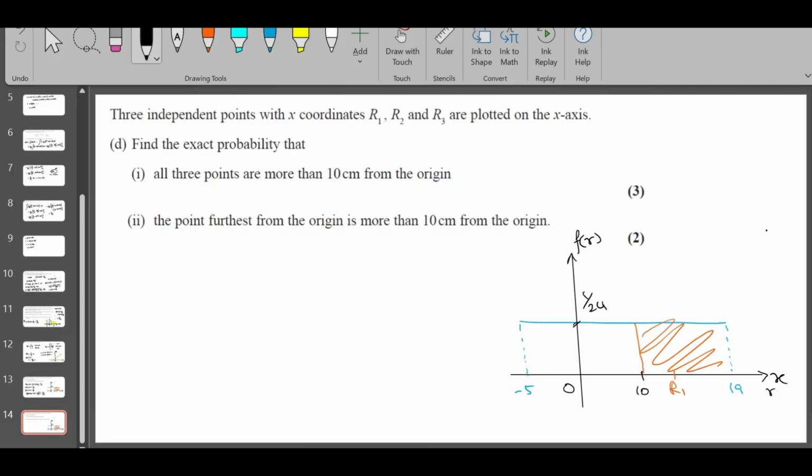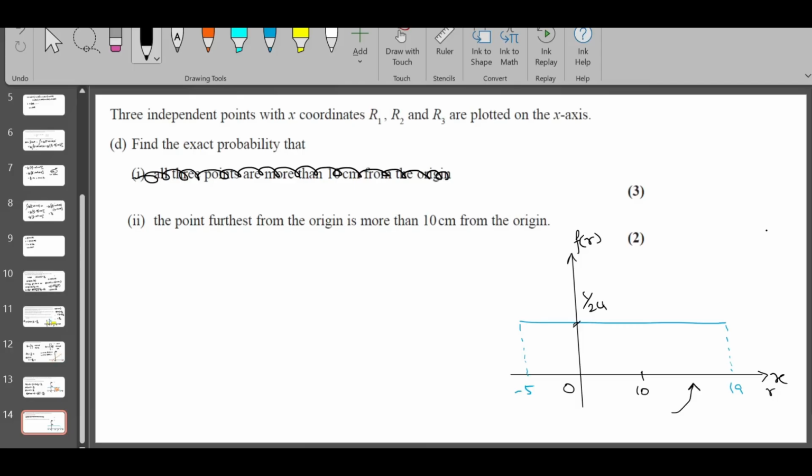3 points with x coordinates r1, r2, r3 are plotted. Now don't take this condition, okay? Now 3 points are plotted. Find the probability that the point furthest from the origin is more than 10 centimeters. That means out of these 3 points, at least 1 point should be between 10 and 19. That's what it says.